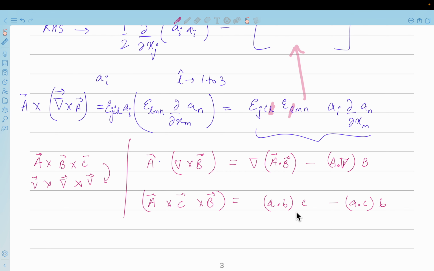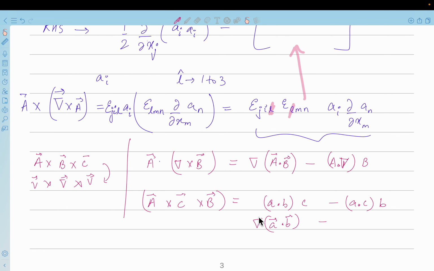Yeah, so now C we have to replace with grad. So if you replace C with grad, you are able to immediately write A dot B, but grad operating on what? So you have to understand how this gradient operator works, and if you have not written it correctly, then there will be some problem.